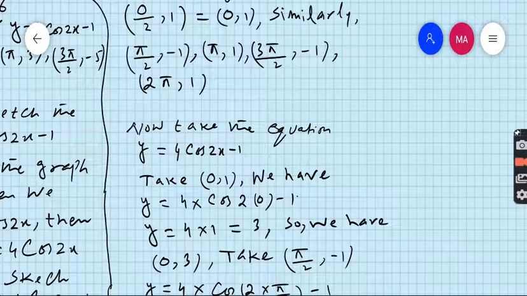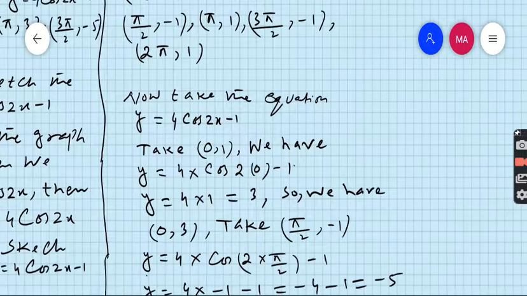If we put 0 in x, so 4 cos 2 into 0 minus 1. 2 into 0 is 0 and you know cos 0 is 1. 1 times 4, 4 minus 1 is 3. So the y value is changed from 1 to 3. So the coordinate 0, 1 is transformed to 0, 3. This is the final value.